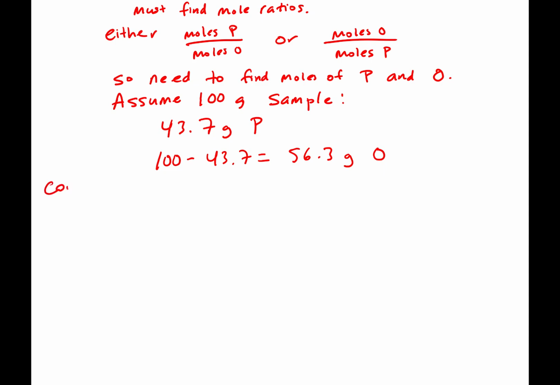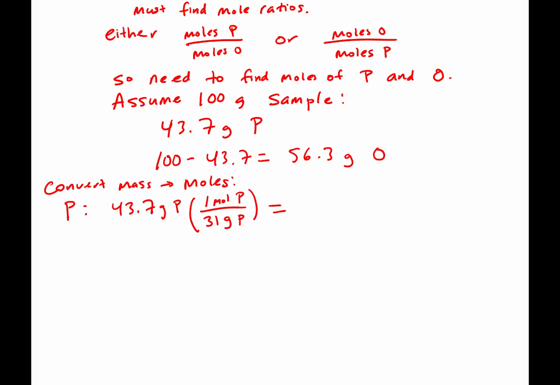So now we're going to convert mass to moles. For the phosphorus, we have 43.7 grams of that. And from the periodic table, the molar mass of phosphorus is 31 grams per mole. Put the 31 grams on the bottom so that the units cancel out.